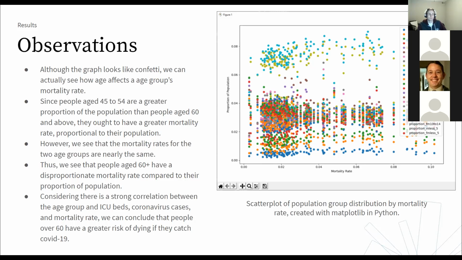Like I said, people aged 45 to 54 are a greater proportion of the population than those 16 above, so they ought to have a greater mortality rate. But we see that mortality rates for the two age groups are roughly the same. They follow this general trend of clustering around 2%, and then sparsing as the mortality rate increases.